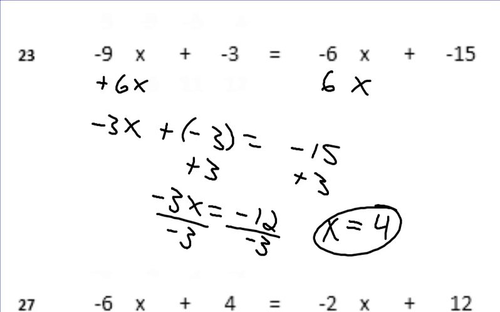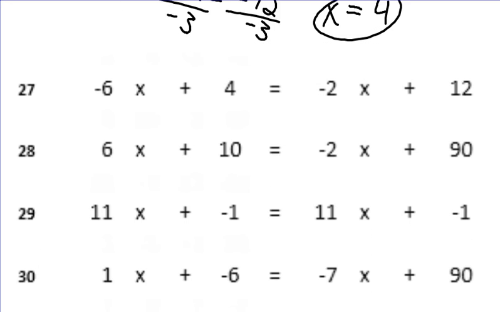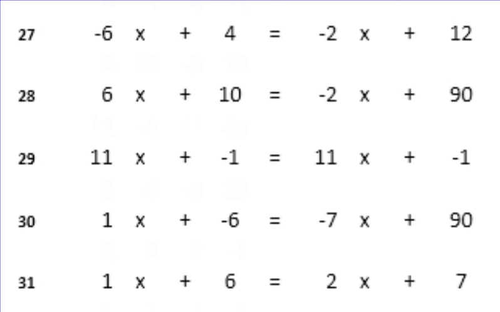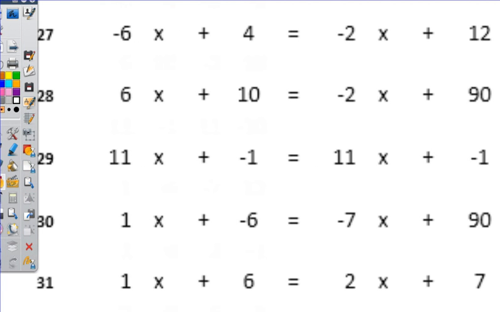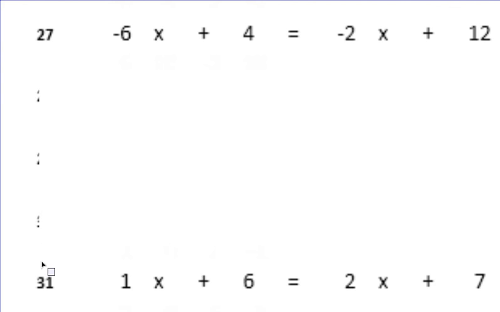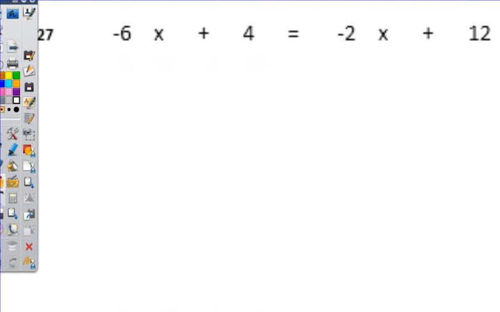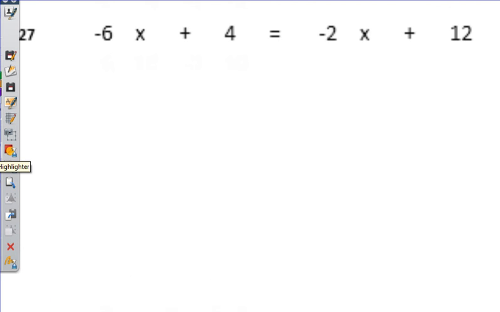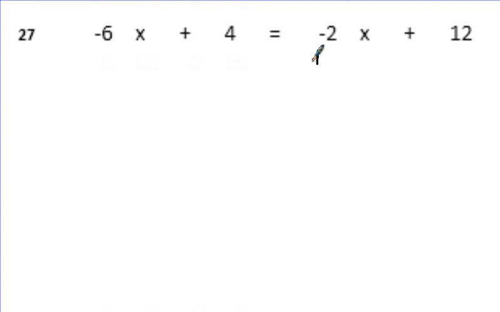Okay, so far? Let's skip down to another one. About 27. We'll get some space to work with. And we get to work. Now we have a negative 2x over here. So what do we do? The opposite of it. Add 2x.